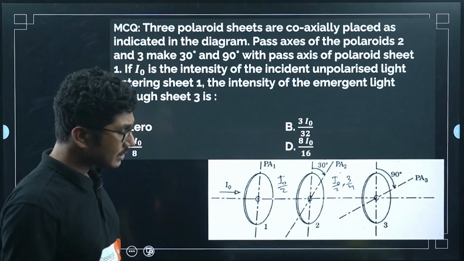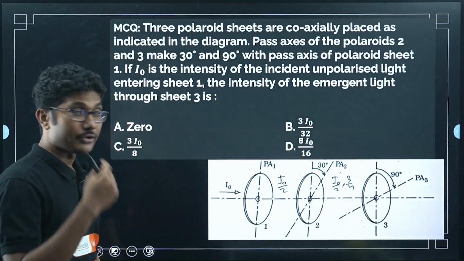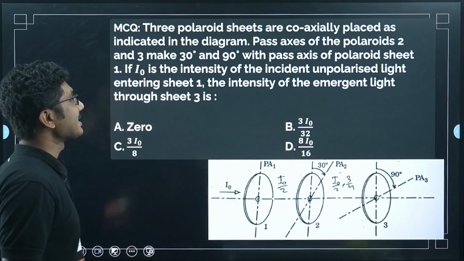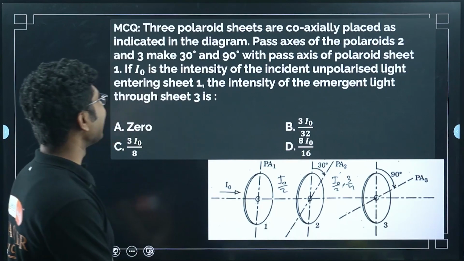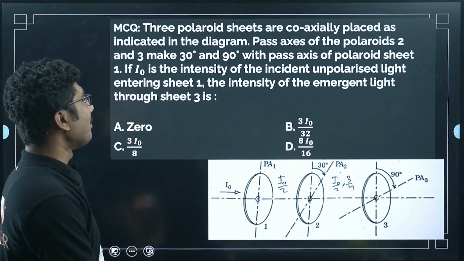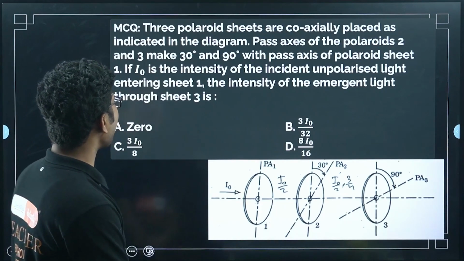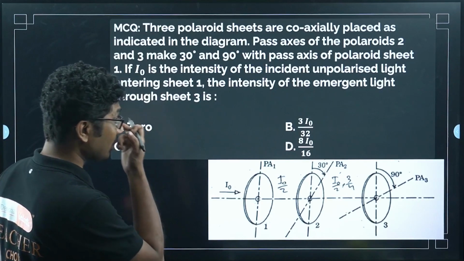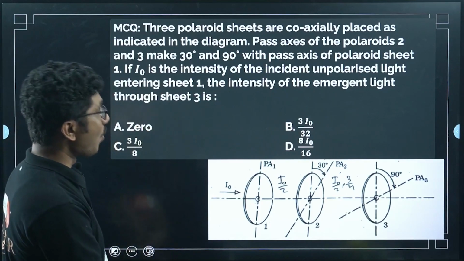So let's look into one such problem, from the 2024 question paper. Three polarized sheets are coaxially placed as indicated in the diagram. The pass axes of Polaroids 2 and 3 make 30 degrees and 90 degrees with the pass axis of Polaroid sheet 1.